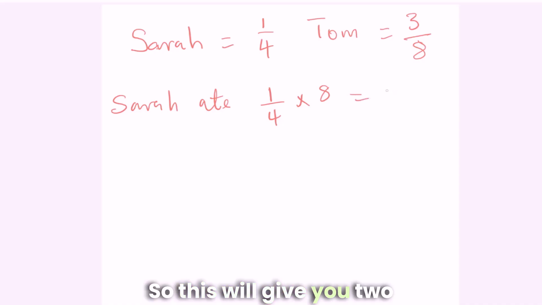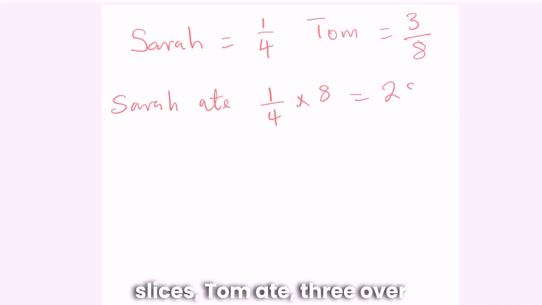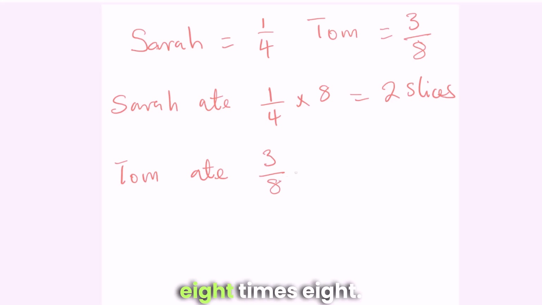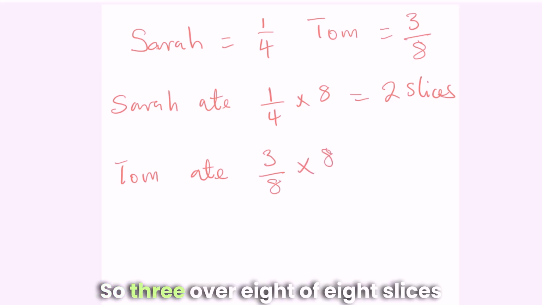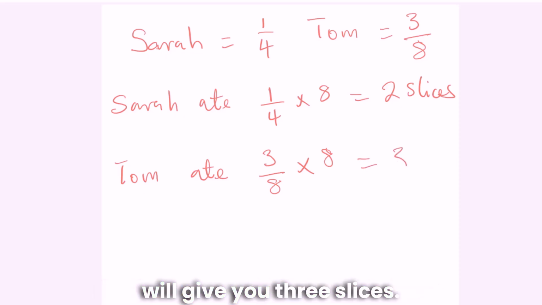This will give you 2 slices. Tom ate 3/8 times 8. So 3/8 of 8 slices will give you 3 slices.